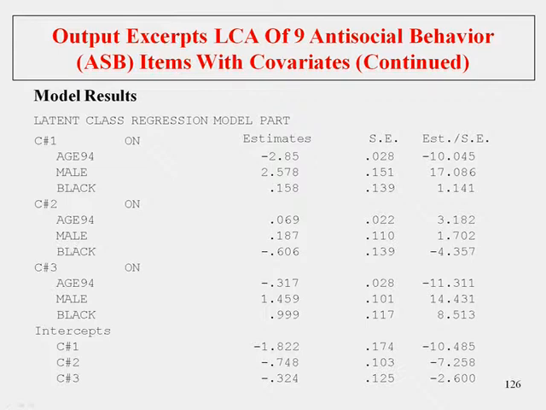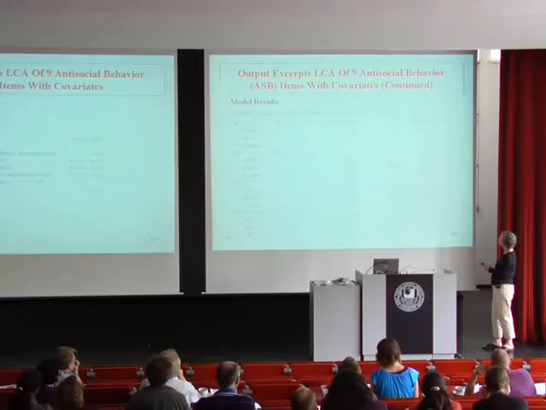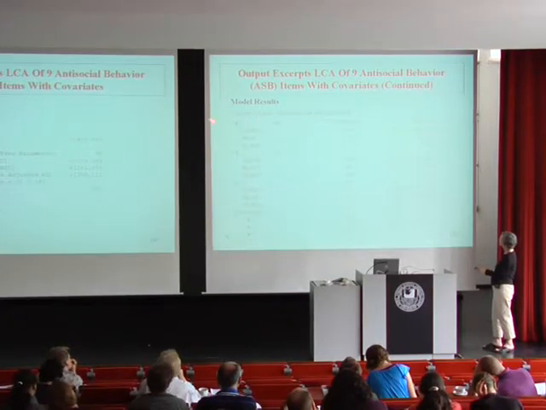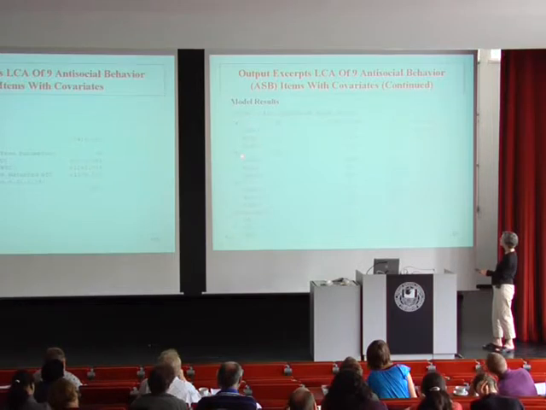Just to reiterate, the first column here under estimates is the parameter estimate, then the standard error of the parameter estimate, and the ratio, which is a z-score. So we see that 2 of the covariates are significant for class 1. So this is the results for class 1, then class 2, and class 3.